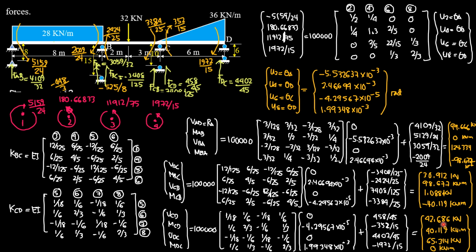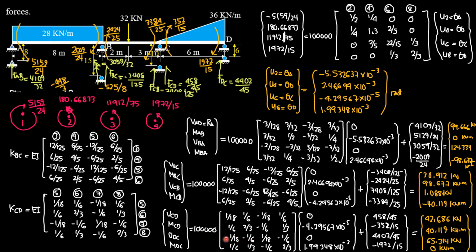Then for moment CD: 2/3 times negative 4.29567 times 10 to the negative 5 plus 1/3 times 1.99348 times 10 to the negative 3, times 100,000, plus negative 352 over 15, you will get 40.119, which checks here.